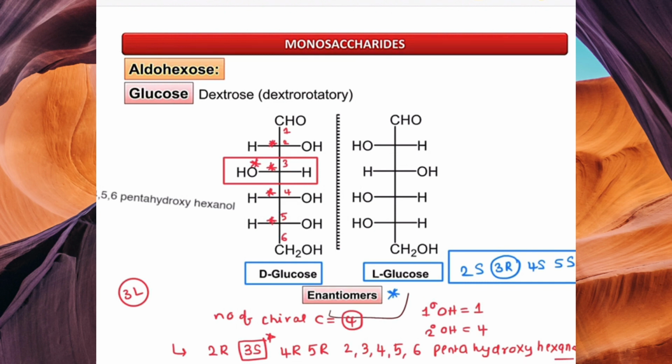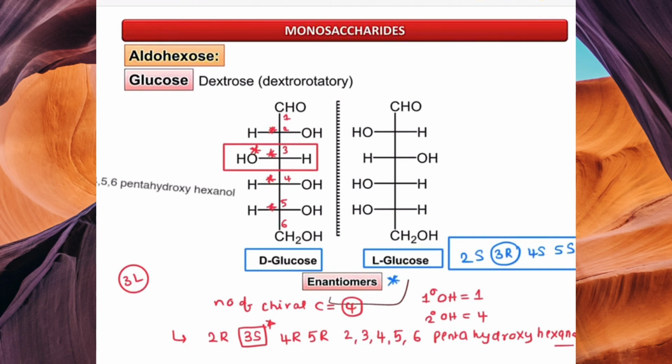For D-glucose and L-glucose, the chiral carbons, 4, are important, and the IUPAC name is important. Primary alcoholic groups will be 1 and secondary alcoholic groups will be 4. Very, very important.